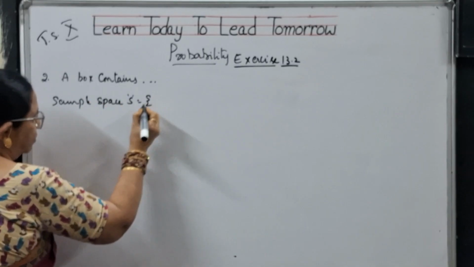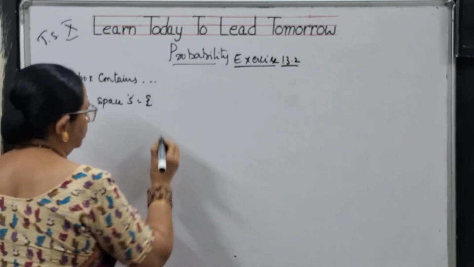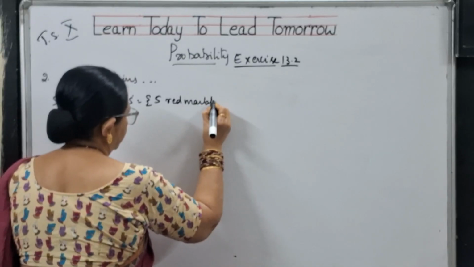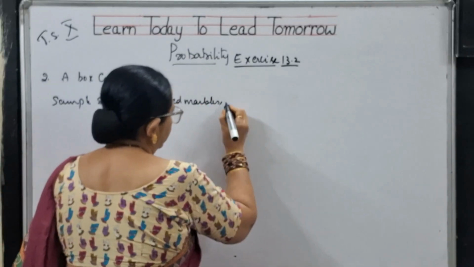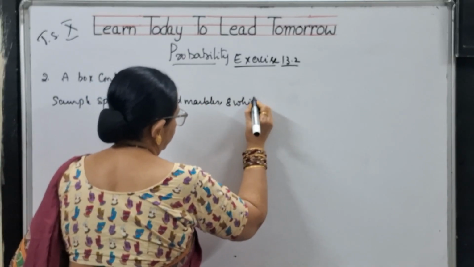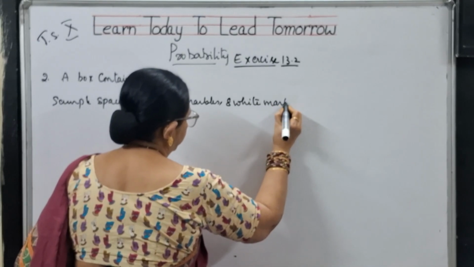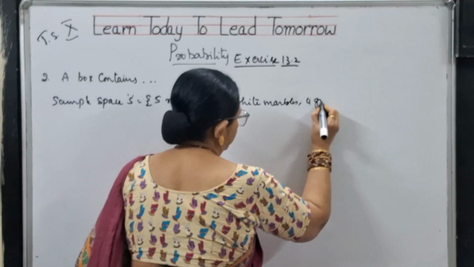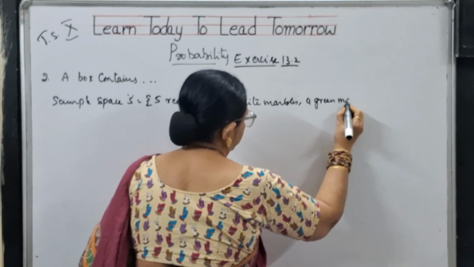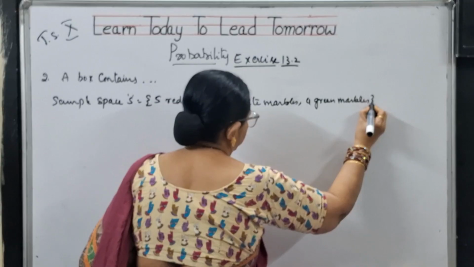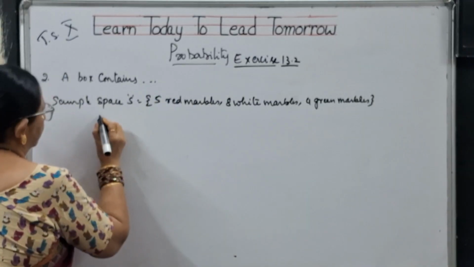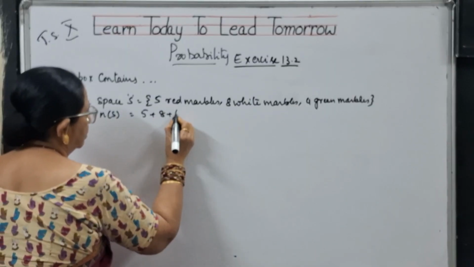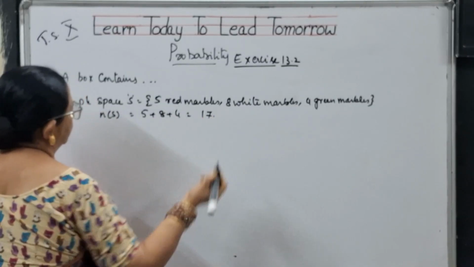Sample space S is equal to 5 red marbles and 8 white marbles, 4 green marbles. So, what is n of S? N of S is 5 plus 8 plus 4, that is 17.